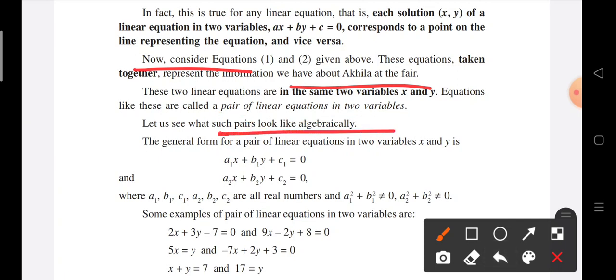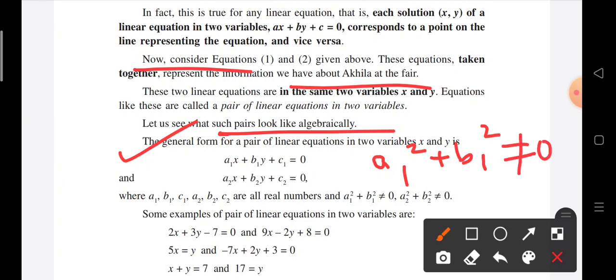Okay, so the general form for a pair of linear equations in the two variables x and y is a1x + b1y + c1 = 0, where a1 squared + b1 squared cannot be equal to 0. This is the condition. It has been written over here.